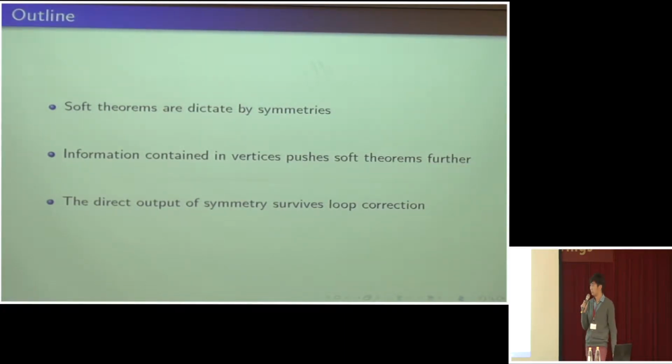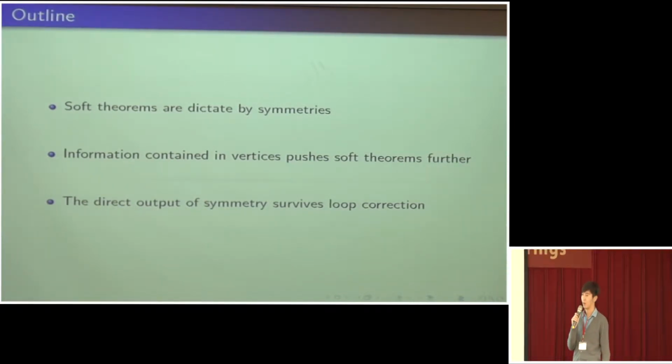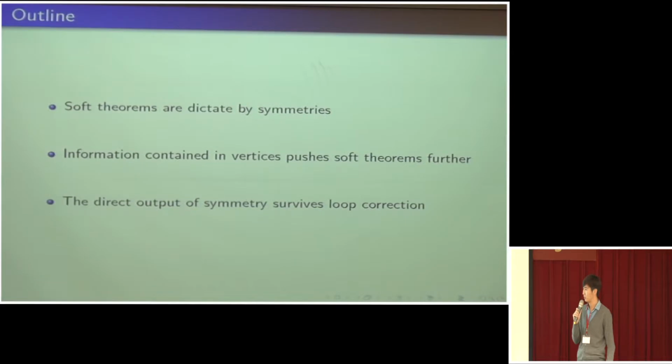Which means that if we have a soft theorem which is determined by the symmetry principle to a certain order, then with the information of the fundamental vertex, we'll have a higher order soft theorem.